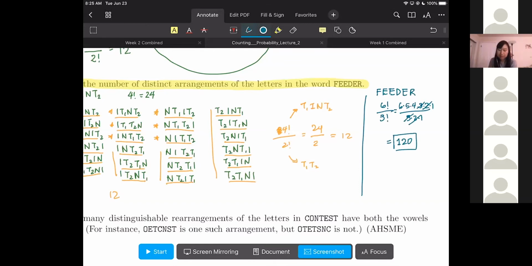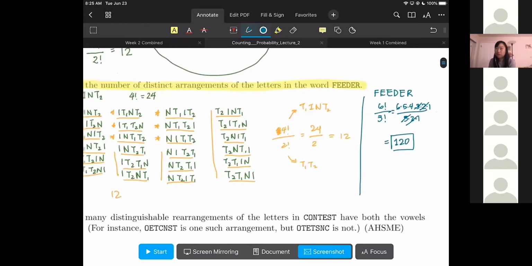So this is the same idea. Basically, there's 6 factorial ways to arrange feeder if the 3 E's are different E's, but in fact, they're the same letter. So to correct for the overcounting, we look at how many ways there are to arrange, say, E1, E2, E3.